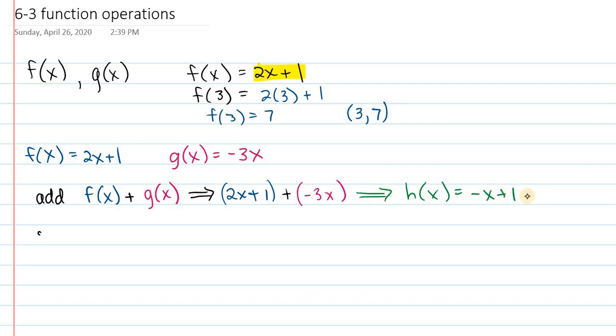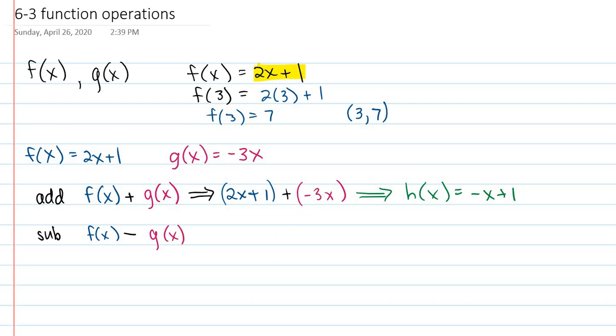All right, let's look at subtraction. We're using the same two functions. We're still going to have f of x, but this time we're going to subtract g of x from it.